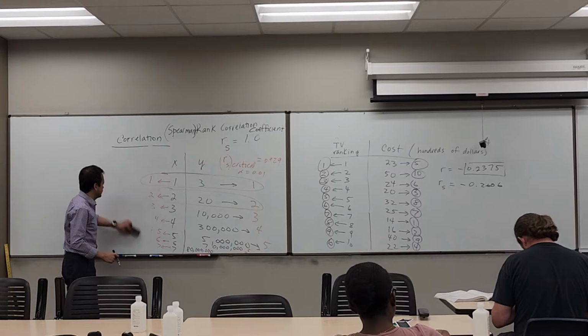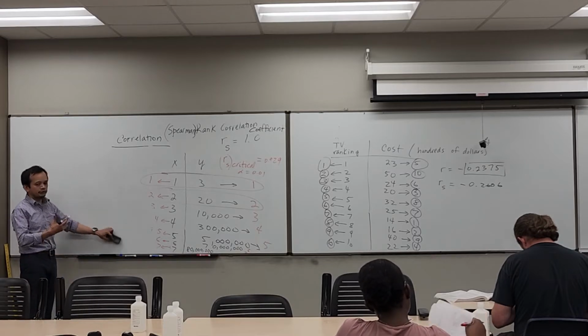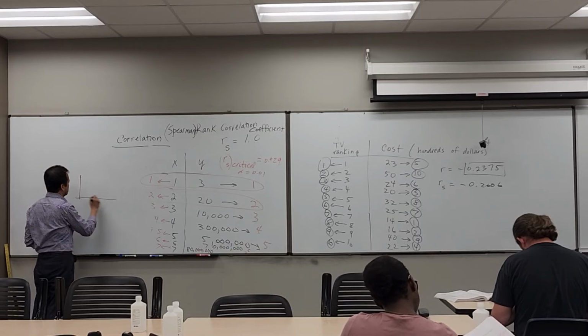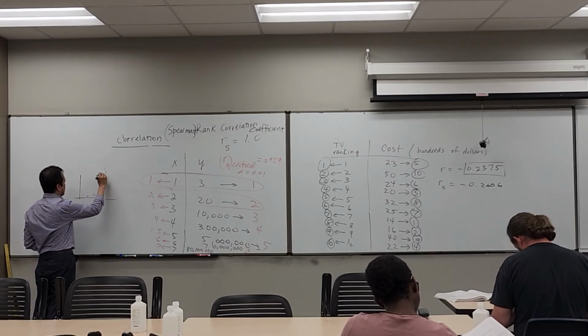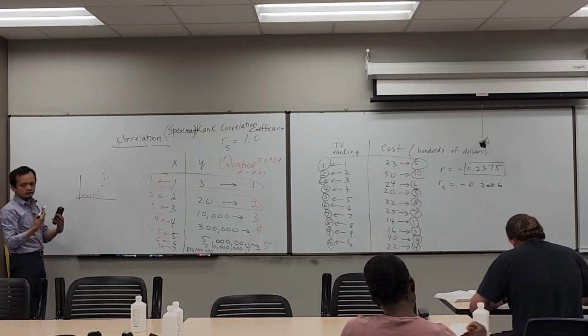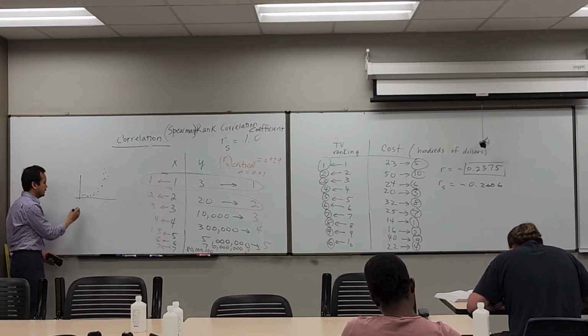So this idea of rank correlation, because we're taking into account the ranks and not just the values of the variables, we're able to capture a lot more different models than just a linear model, straight line model.